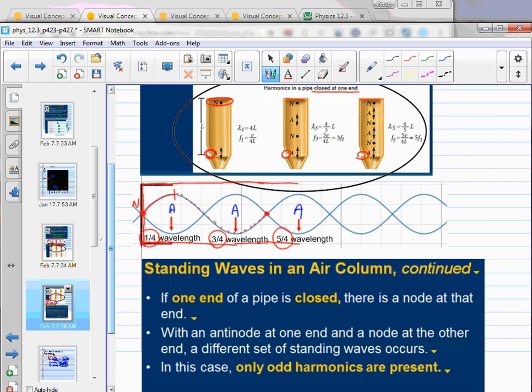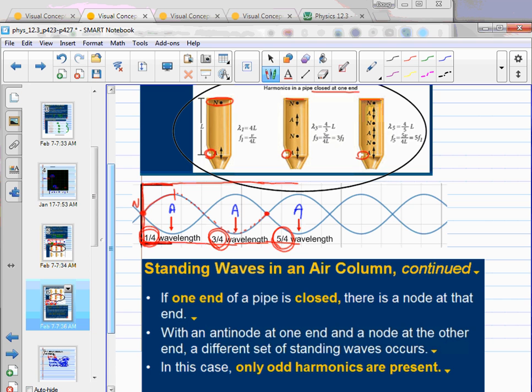So if we look at these values, if our fundamental frequency occurs at 1/4, multiplying by 2 would be 2/4 or 1/2, but it doesn't resonate there. It's not until I multiply by 3. And then 4/4, or 1, I don't resonate there, but 5/4 I do. So notice we are at odd multiples.